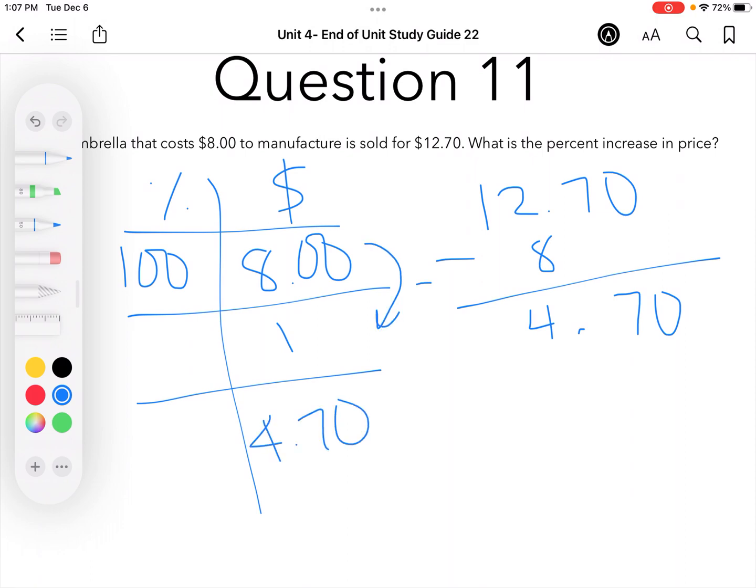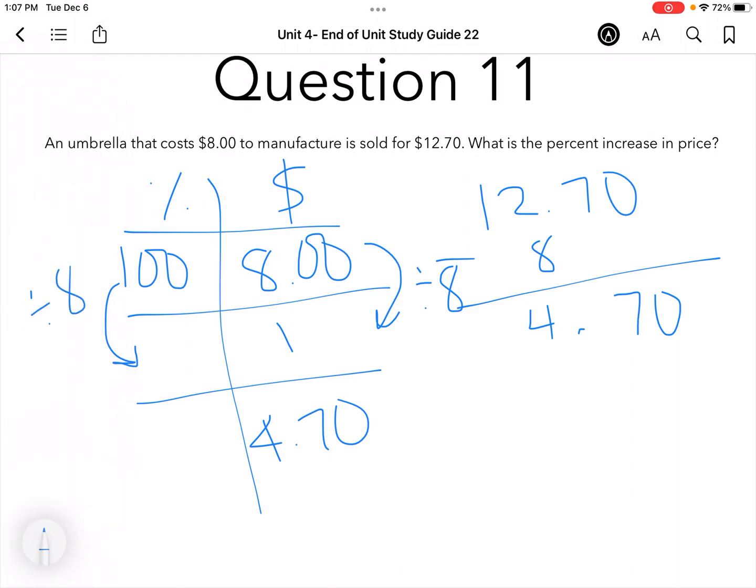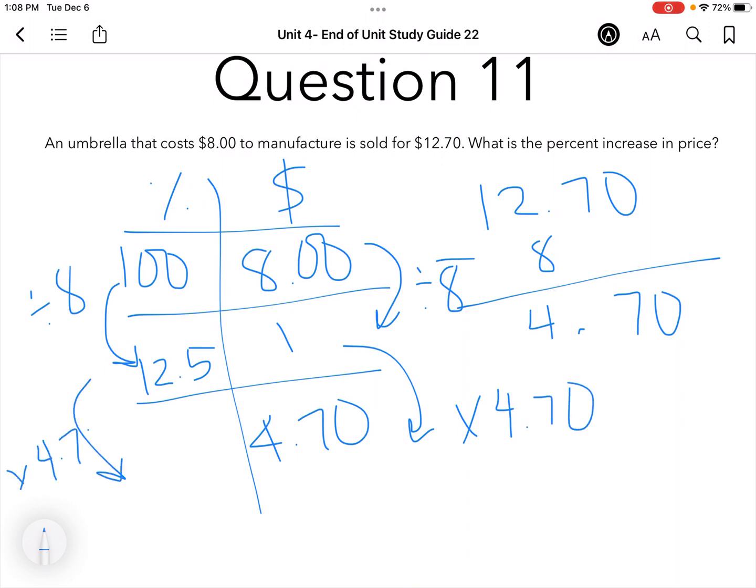So I'm going to divide by 8. So 100 divided by 8, and I get 12.5 times 4.70. And I get 58.75%.